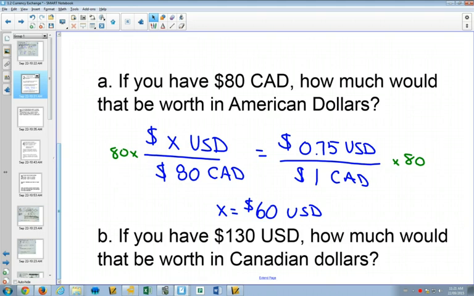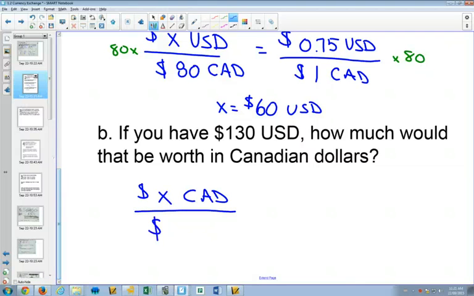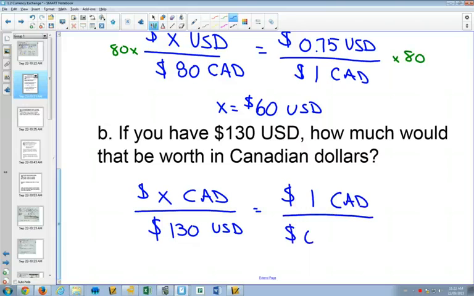So now we want to figure out this proportion. We start the same way, but now we want to find out our x is what we don't know is Canadian dollars, but we know we have 130 US dollars. Now when I set up the proportion, now that I'm finding Canadian dollars, I'm going to put my exchange rate. I know that 1 Canadian dollar was equal to 75 cents US dollars.